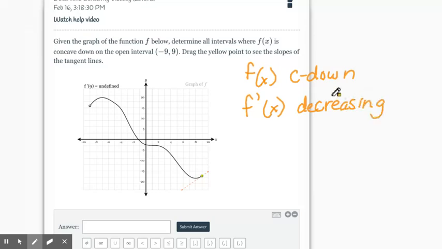Now, since I have the graph of F, I have a good idea of where it's concave down, and then at some point it changes to concave up. I'm going to guess, like right here, concave up, and then maybe this is concave down for a while, and then changes to concave up. But I need to find those exact values, and I can do that by looking at where the derivative is decreasing. So I'm going to pull my derivative here.